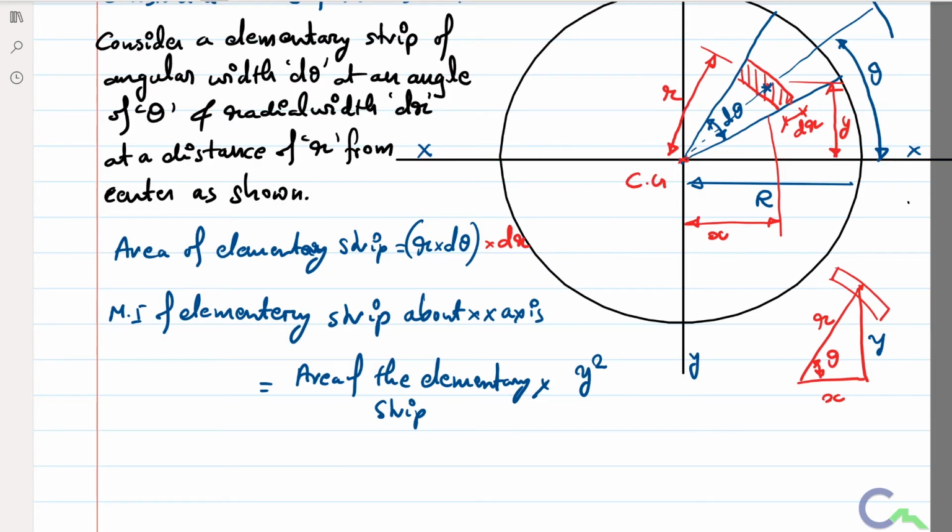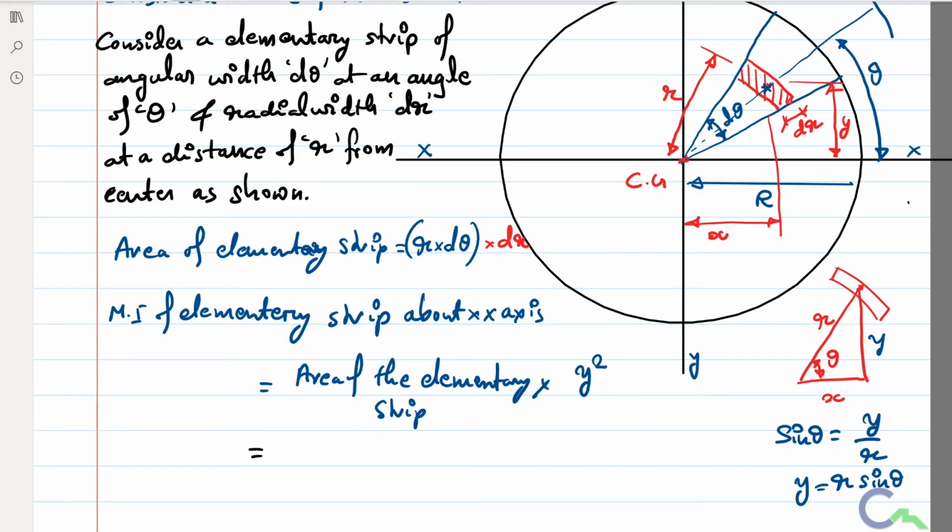So I want to find the y value by using this triangle. If I take sin theta is equal to y by r, that is opposite divided by hypotenuse, I want the value of y, therefore r into sin theta. So I am going to substitute here.